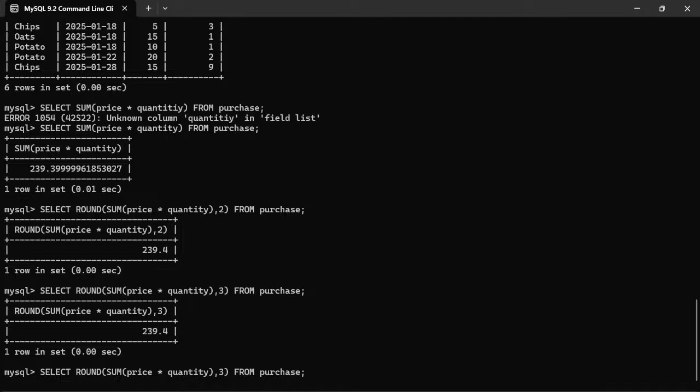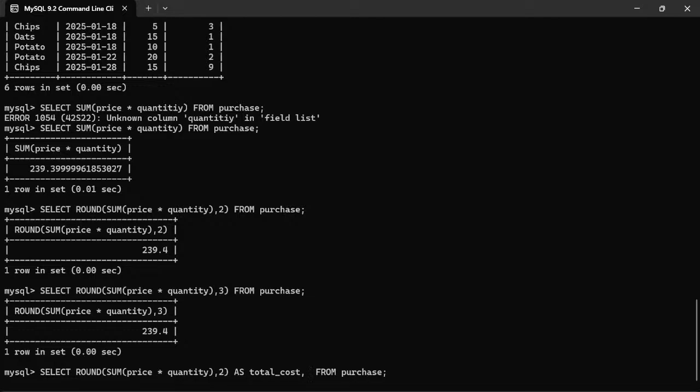So I have also got some interesting things from here. Let's see. I can write an alias, like this is the total cost.